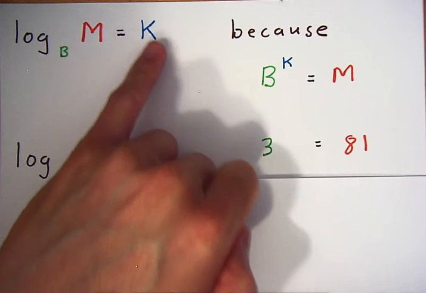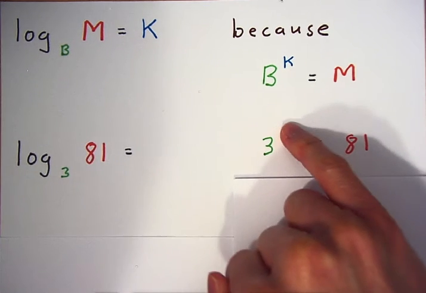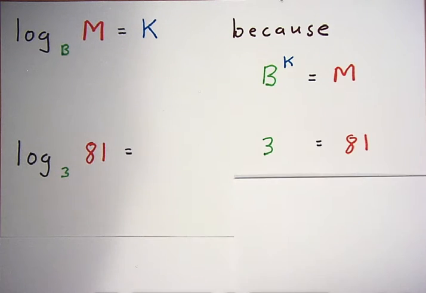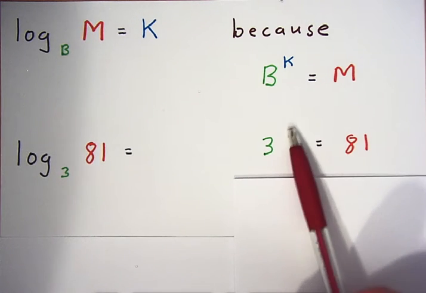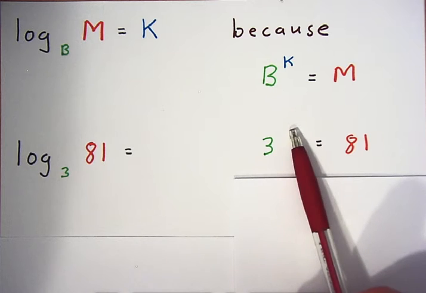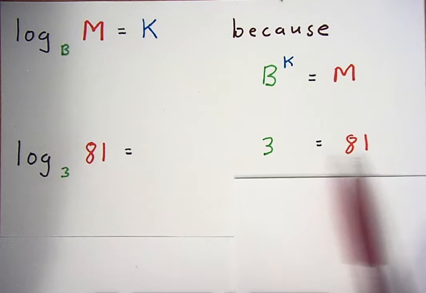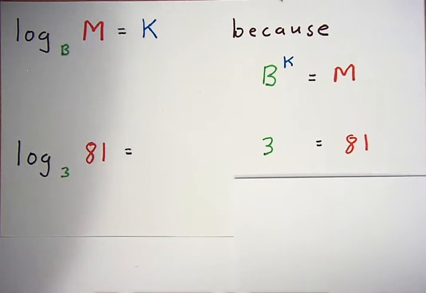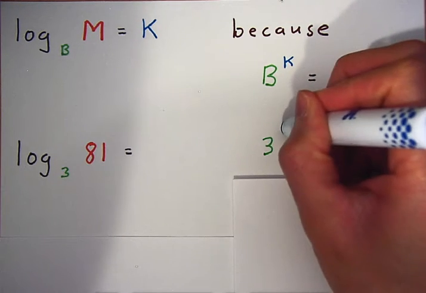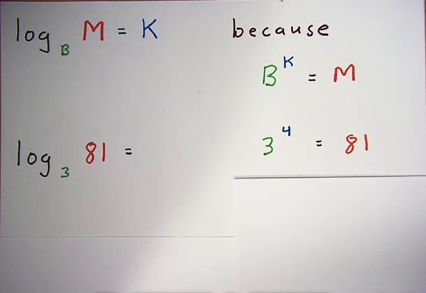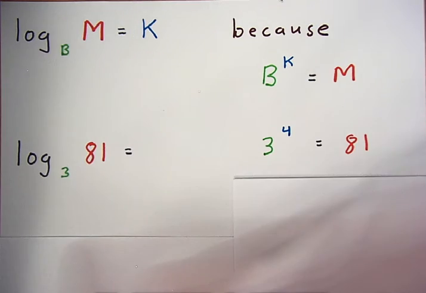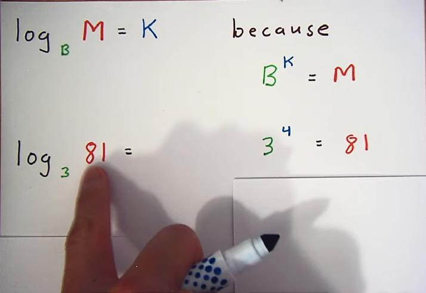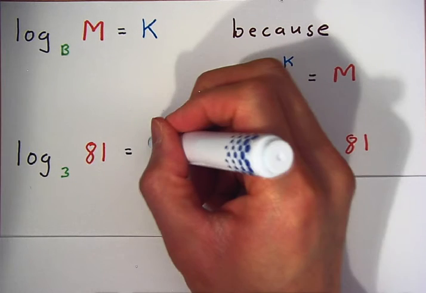This K here is the exponent you're looking for, what exponent I would write there to make it equal to 81. So in this particular case, 3 to the 4th power equals 81. Therefore, log base 3 of 81 is equal to 4.